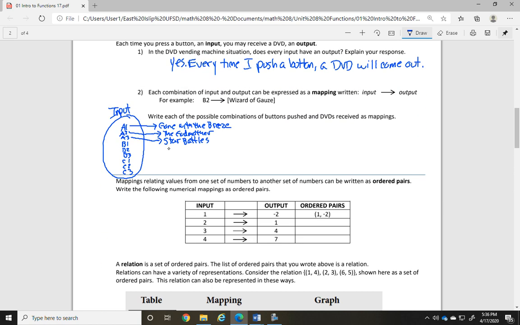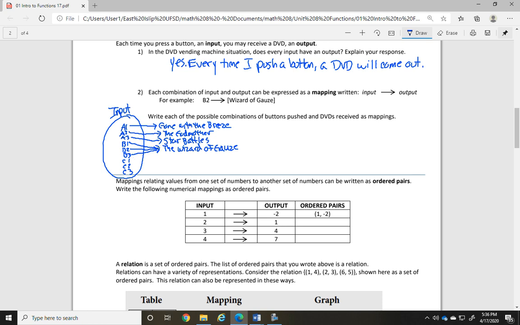So I can write the Wizard of Gauze once, and all of the arrows point to the same place. Notice each input has an arrow coming out of it.